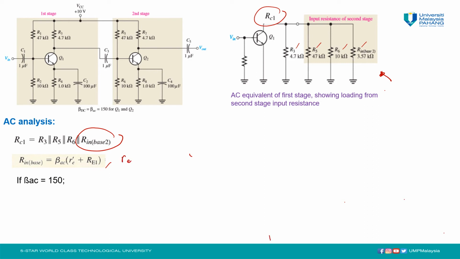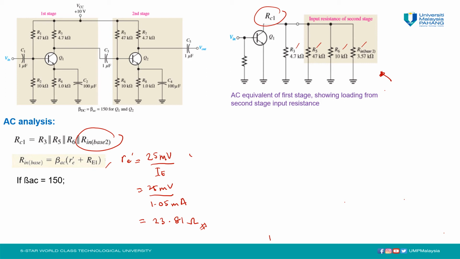RE prime equals 25 millivolt over IE. We already calculated IE before, so we get 25 millivolt over IE, which is 1.05 milliamp. So RE prime equals 23.81 ohm.